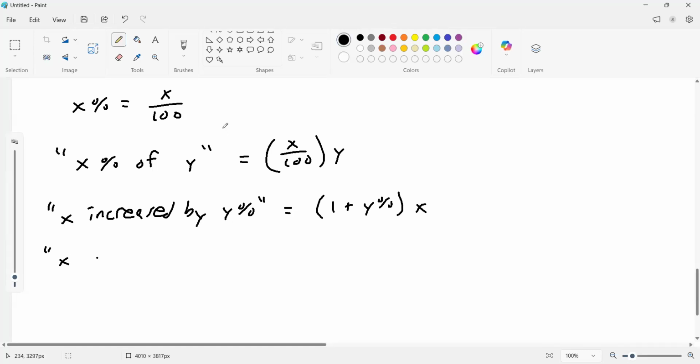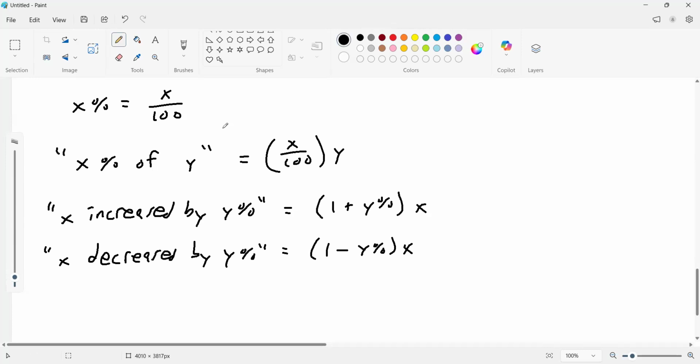And then X decreased by a certain percentage. Well, that just means I take the original amount, I'm decreasing, subtracting that percentage, multiplied by what I had to start with. And with those formulas or expressions, you can solve pretty much everything.